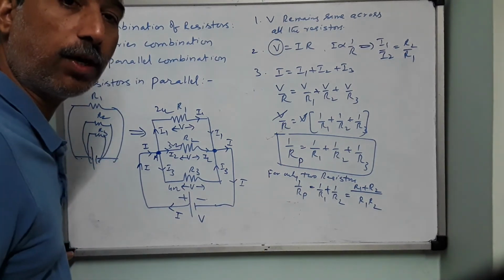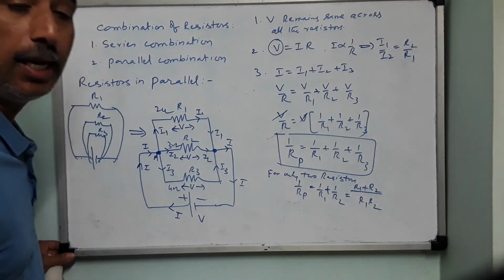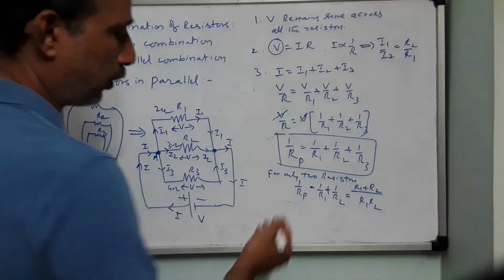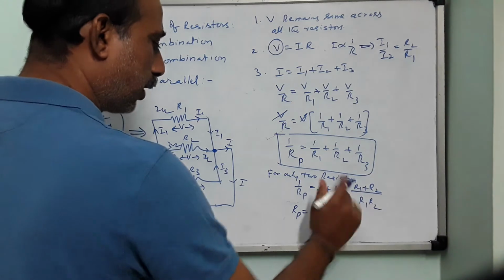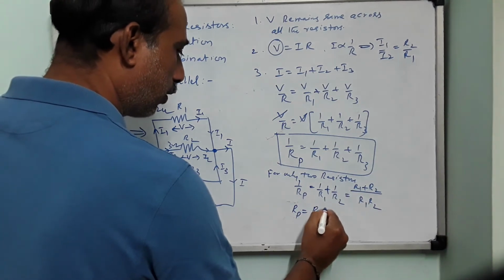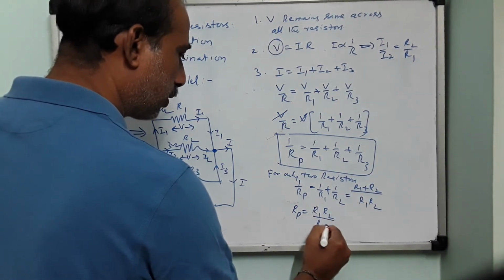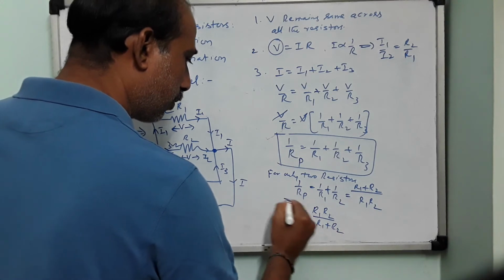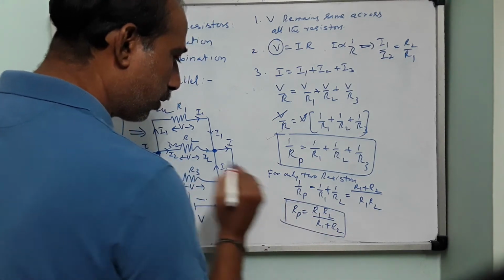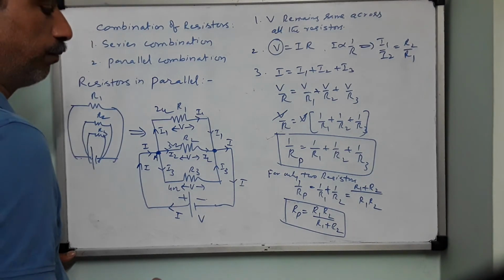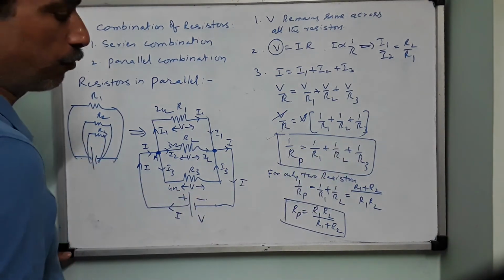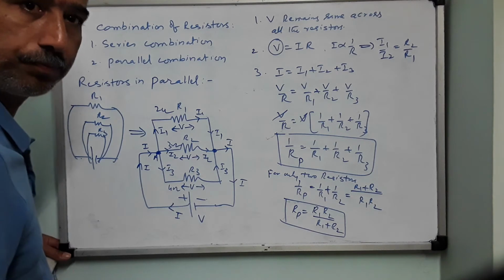Rather you are solving for RP, where RP is the net resistance in the parallel combination. So when you reverse this, R parallel equals R1 R2 by R1 plus R2. This is the formula you should remember for parallel combination. If more than 2 are there, you use the earlier one. If only 2 are there, you can use this.